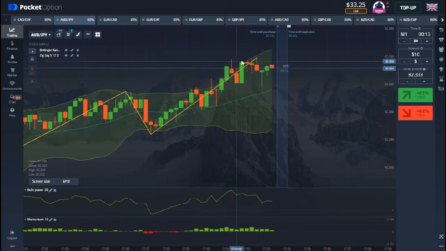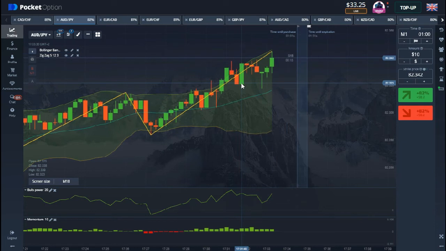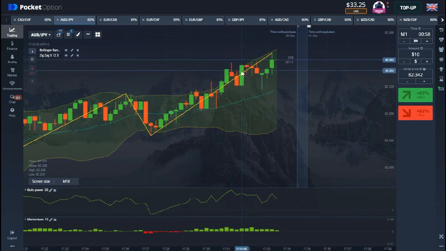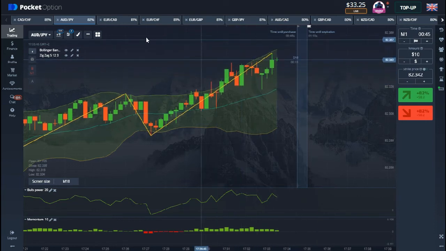Okay, so that's why I took the trade: when the candle makes full green, then take the trade for lower. If I take the trade here, I lose the money, and also here and also here. So that's why I take the trade when the green is full. Okay, find another moment.